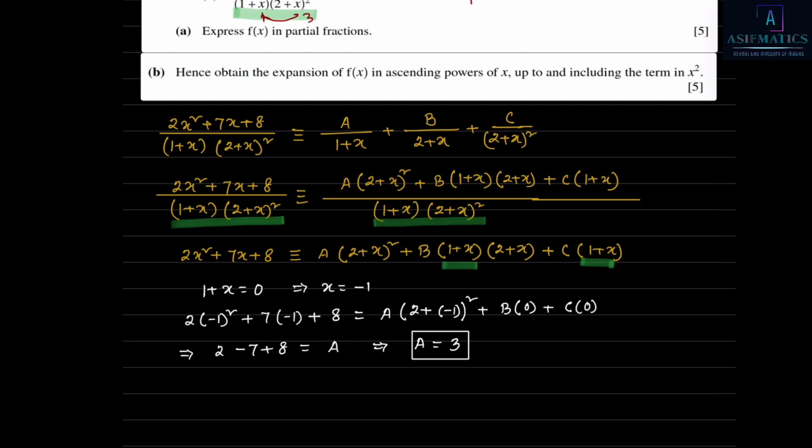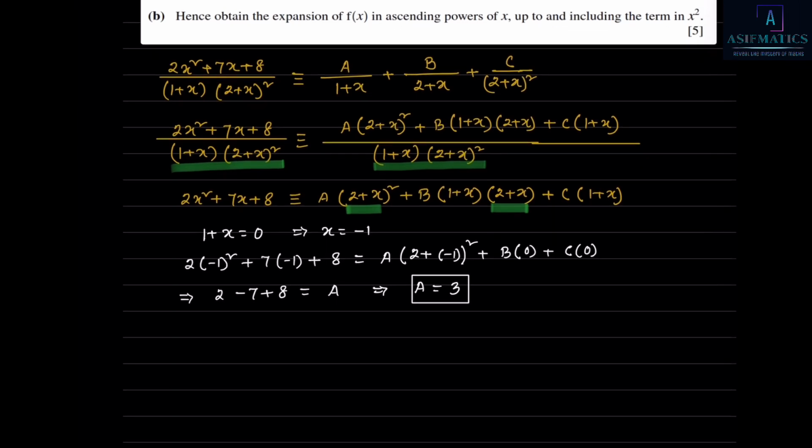Now for the second factor, let's take 2 plus x, which is in both the a and b terms. So we can write 2 plus x equals 0, or x equals minus 2.